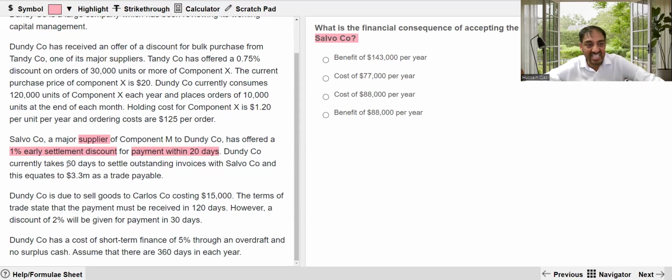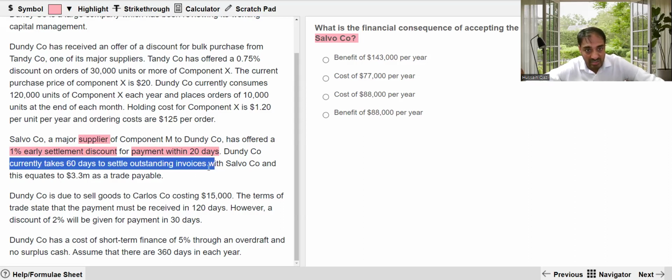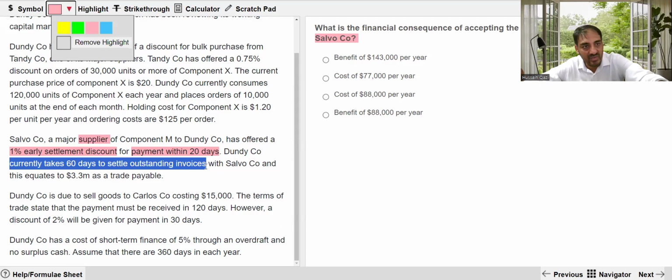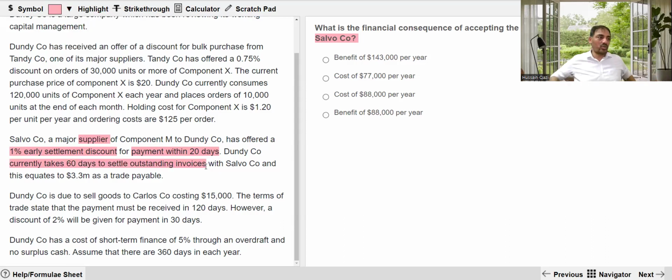Duty company currently takes 60 days to settle outstanding invoices. So actually, here we need to pay the amount 40 days earlier.